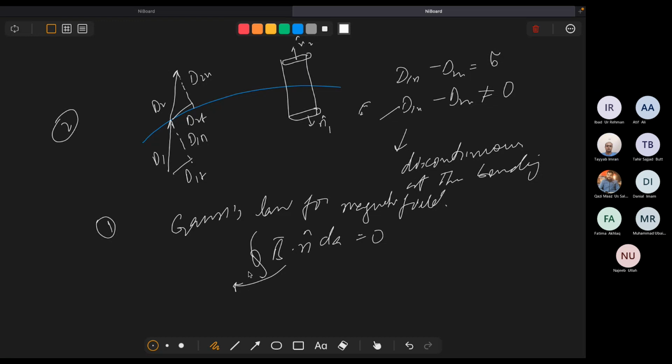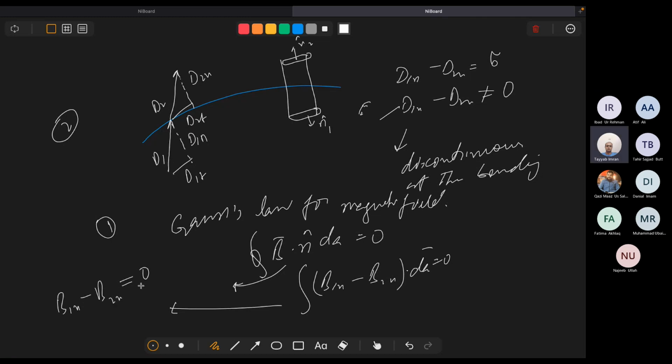And we are not considering the tangential components, we are only considering the normal components. So in this case, we can write like, omitting the other steps here, B1N minus B2N is equal to 0.